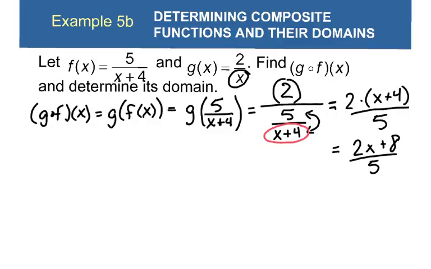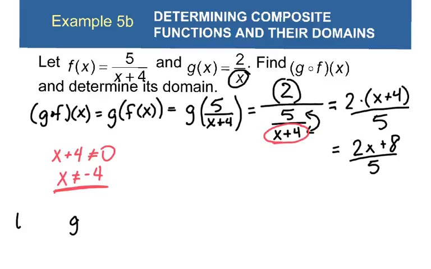And what we need to do is exclude wherever x plus 4 equals 0, which is negative 4. So x equals negative 4 is not going to be in our domain. And it's going to be written just like we wrote the previous one with the negative 1/2, I believe.